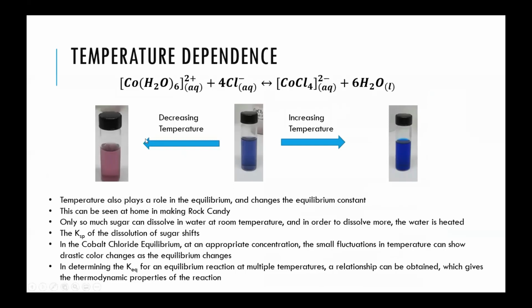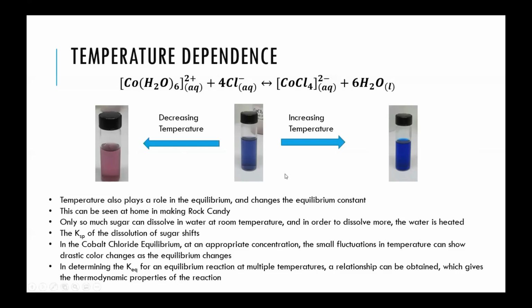So when you're using these values, you're using the concentration of the cobalt hexaaquo complex, the concentration of free-floating chloride, the concentration of cobalt tetrachloride complex, and the concentration of free-floating water. These are all at equilibrium, and it's temperature dependent.